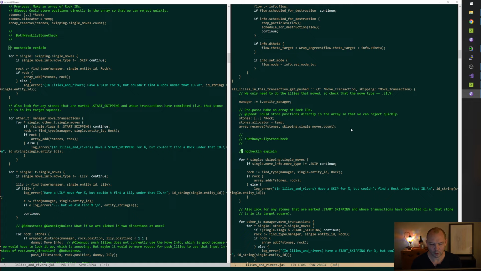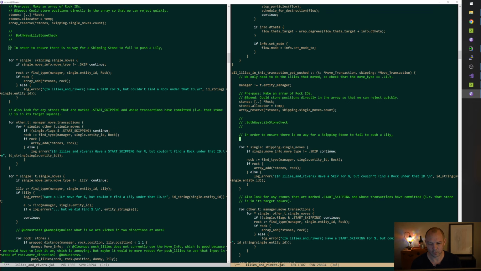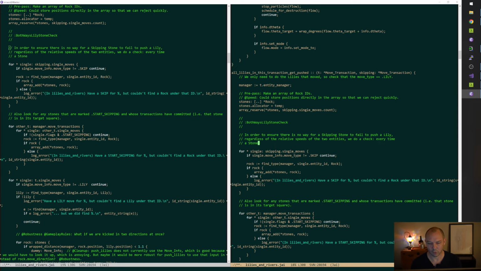Okay, so in order to ensure there is no way for a skipping stone to fail to push a lily, regardless of the relative speeds of the two entities, we do a check every time a stone switches squares. Immediately we push lilies.